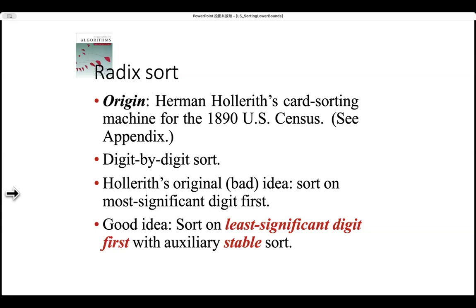He tried to sort starting from the most significant digit. That is, if you have numbers with several digits, it starts sorting from the leftmost digit. But as we will see later, this is actually not correct.